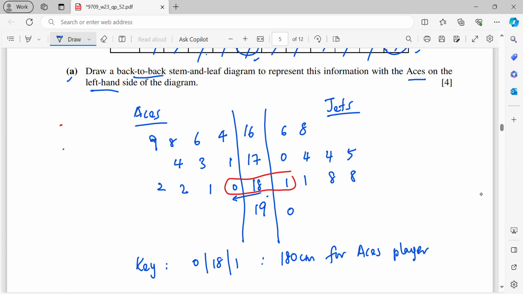Then another one is 181 centimeters for a Jets player. Okay, so that's the full solution of this back-to-back stem and leaf diagram.